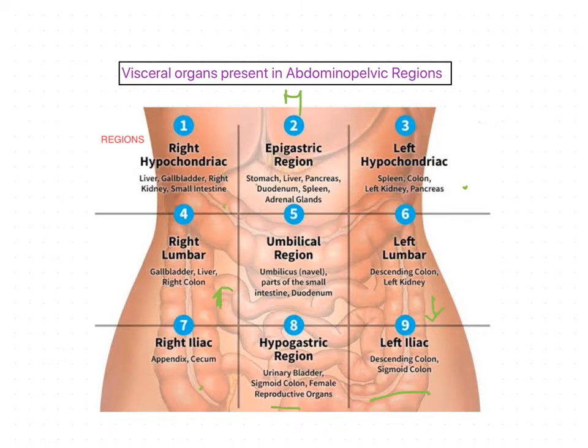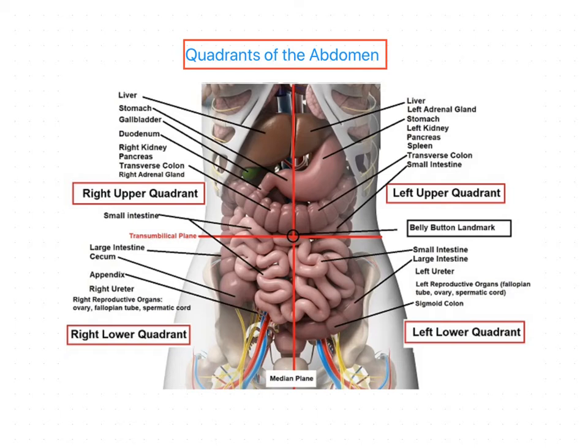Okay, and normally the abdomen is divided not only into 9 regions, it is also divided into quadrants. That is called the abdominal quadrants. These quadrants are formed by imaginary lines: one vertical plane and one transverse plane.